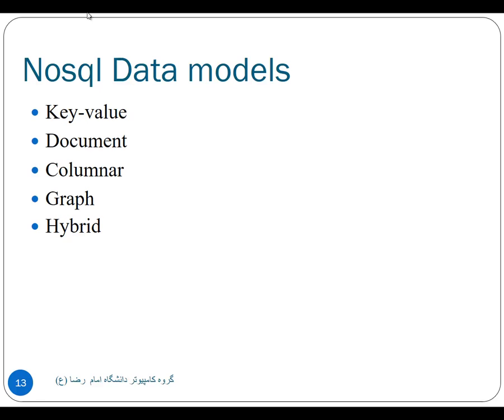The third type is columnar based. The fourth type is graph based, and the fifth type is hybrid. These are the different NoSQL databases that we have, and we will talk about them throughout the course.